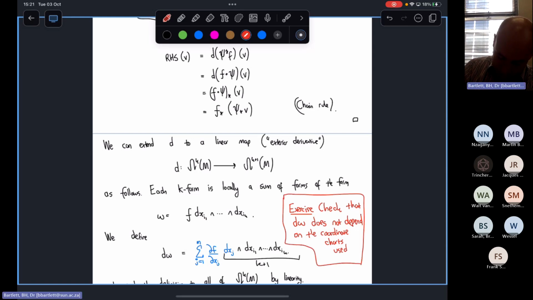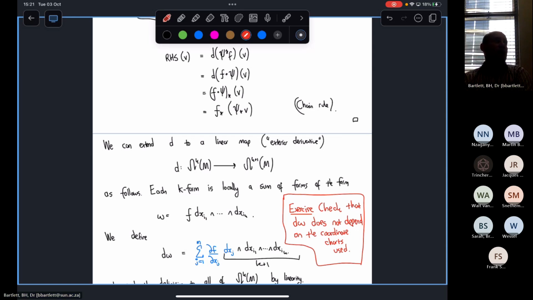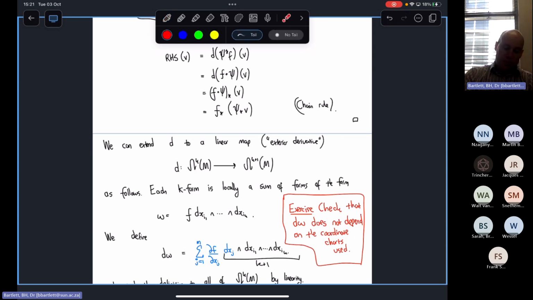Okay, so I've done something slightly evil here, which is that I've used a coordinate system in order to give a definition of what d omega is. And what I'm saying is that actually it's a harmless thing because the answer won't depend on the coordinate system. If I had a different coordinate system, if I had y's, then I'd have to write each of these dx's in terms of the dy's.